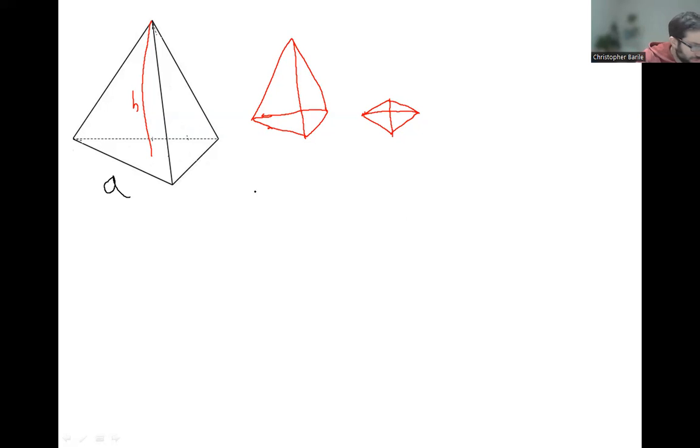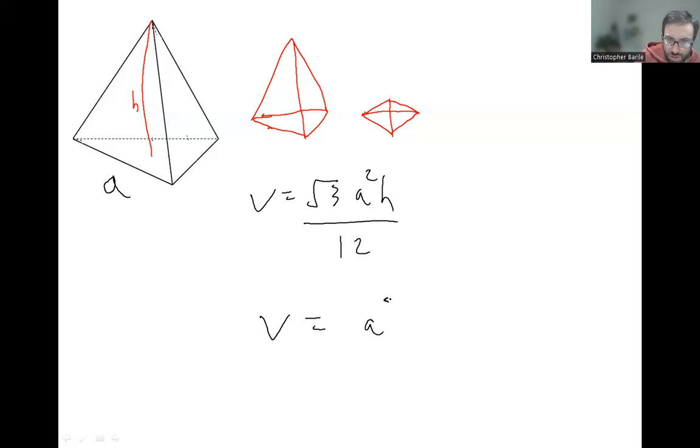The formulas that we're going to be deriving, just so you can see right off the bat. Again, we're going to be using calculus. But the generic formula, which we'll be deriving, is root 3 a squared h over 12. And then for a regular tetrahedron, when you have the Platonic solid, the four equilateral triangles, that formula is a cubed over 6 root 2.